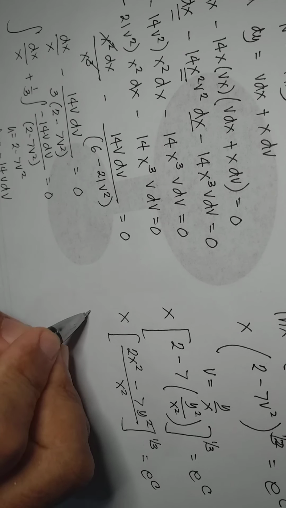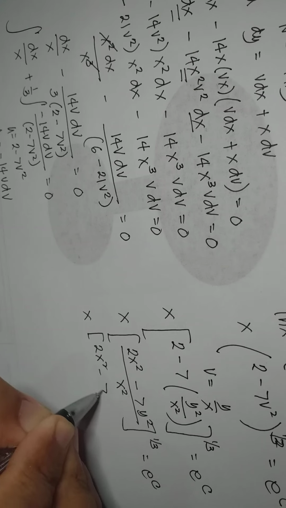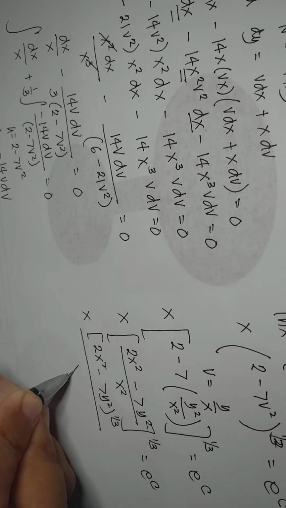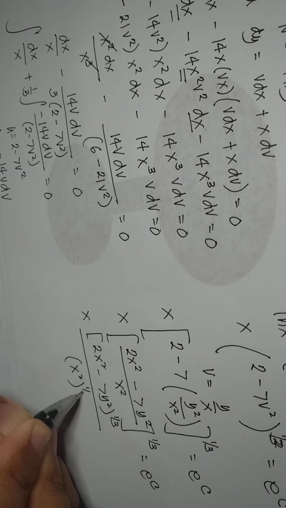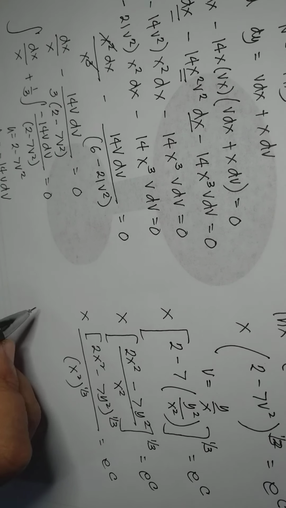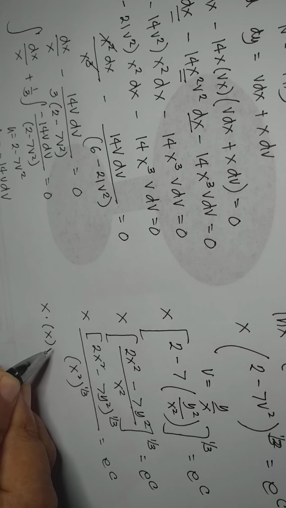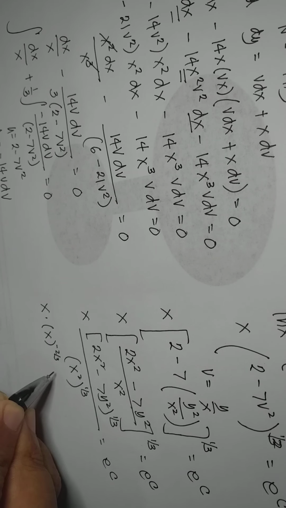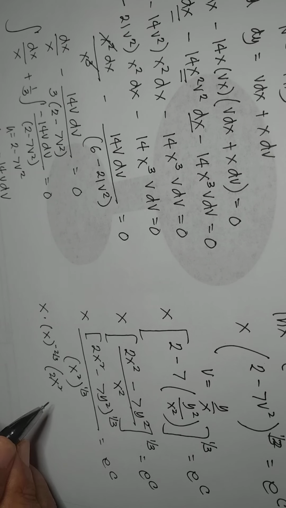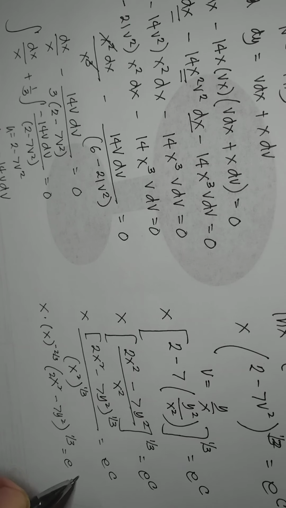And then we have x times (2x squared minus 7y squared) raised to 1/3 over x squared raised to 1/3 is equal to e to the c. Or we have x times x raised to negative 2/3 times (2x squared minus 7y squared) raised to 1/3 is equal to e to the c.